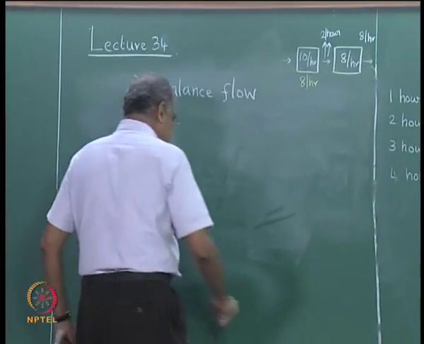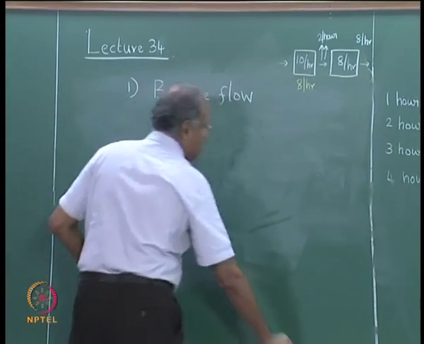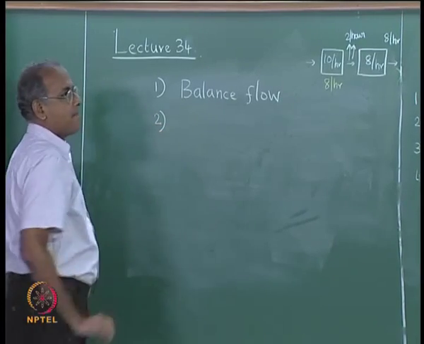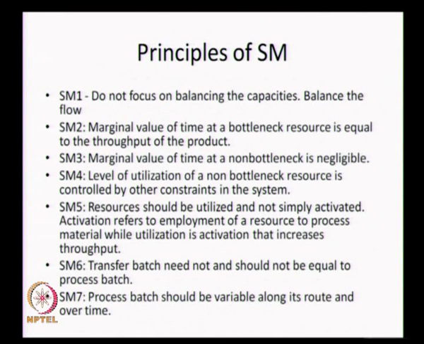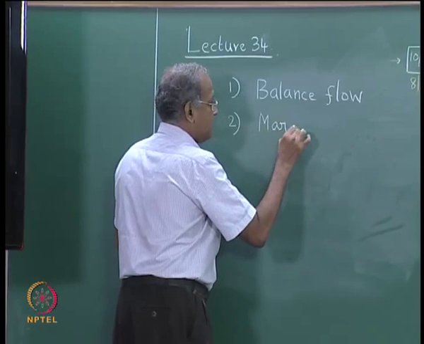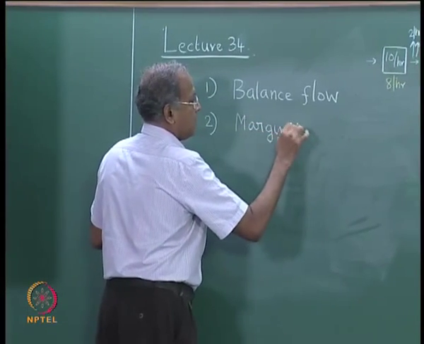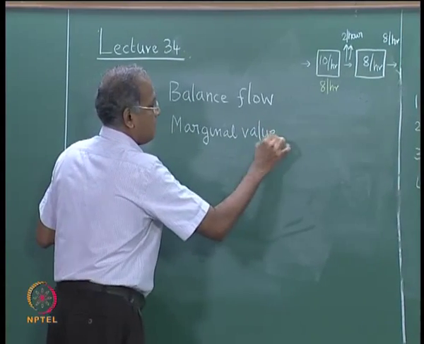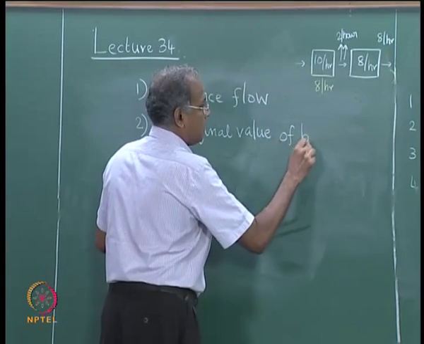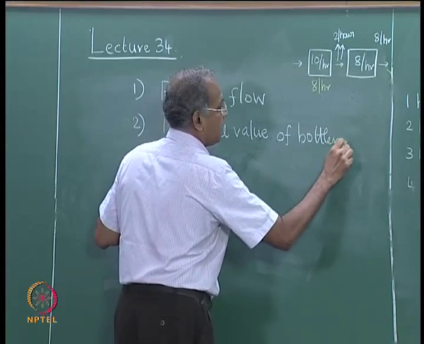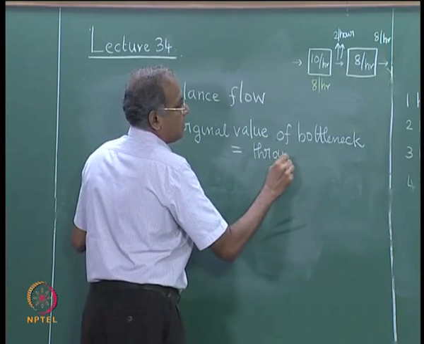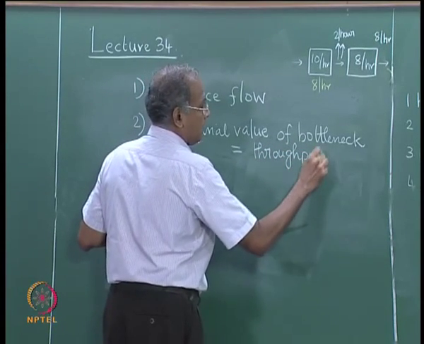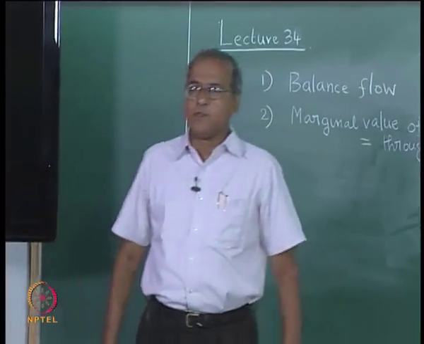Now, the second principle of synchronous manufacturing talks about the marginal value of time at a bottleneck resource, which is equal to the throughput of the product. So, marginal value of bottleneck is equal to throughput of the product.